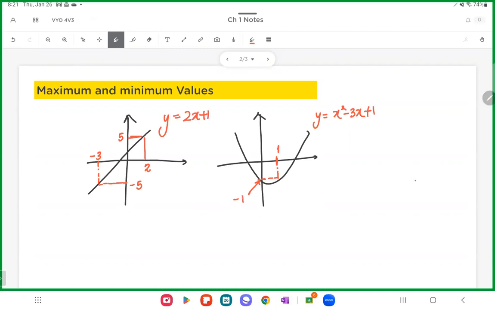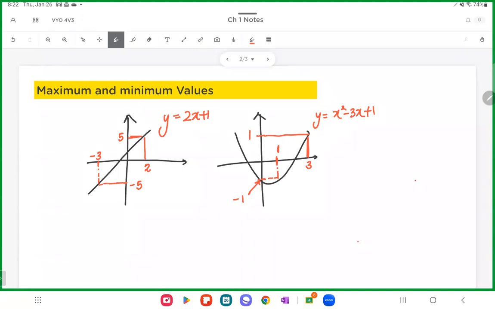If I have a 1 for my x, my y value will be a negative 1. If I have an x value of, say, 3, then I will have a y value of 9 minus 9. The numbers, never mind. Okay, so again, for every x input, I only have one y output.